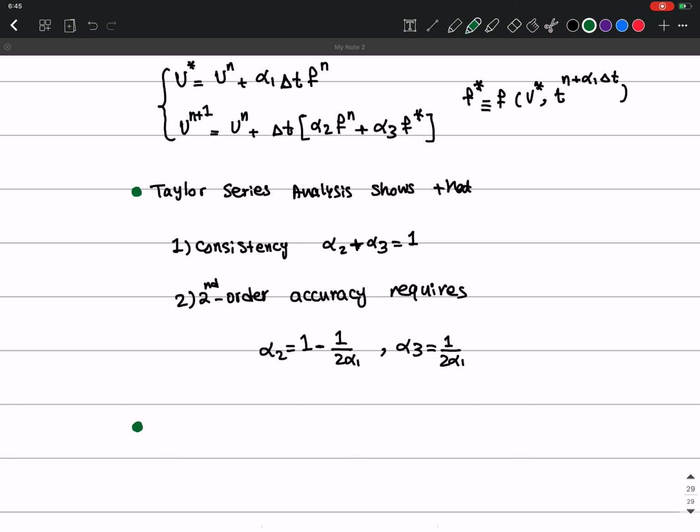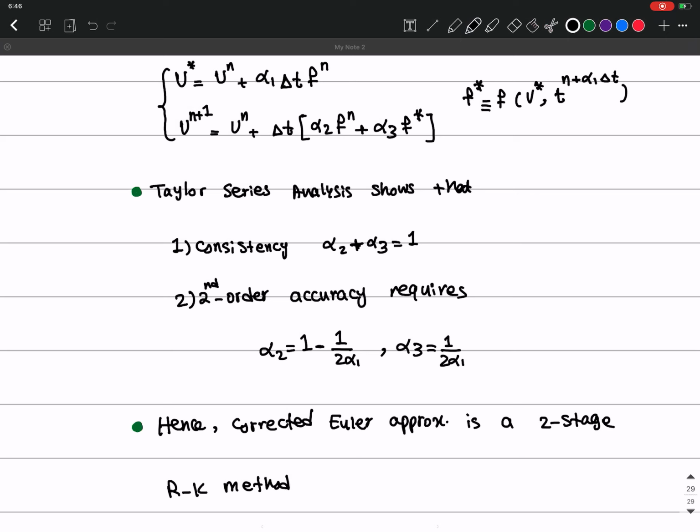So this gives an interesting result, and that is, hence, the corrected Euler approximation is a two-stage Runge Kutta method with alpha 1 equal to what?